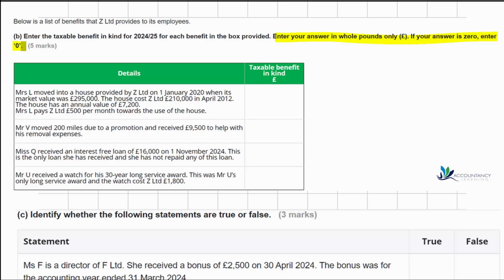So Mrs. L moved into a house provided by Z Limited on the 1st of January 2020, when its market value was £295,000. The house cost Z Limited £210,000 in April 2012. The house has an annual value of £7,200. Mrs. L pays Z Limited £500 per month towards the use of the house.